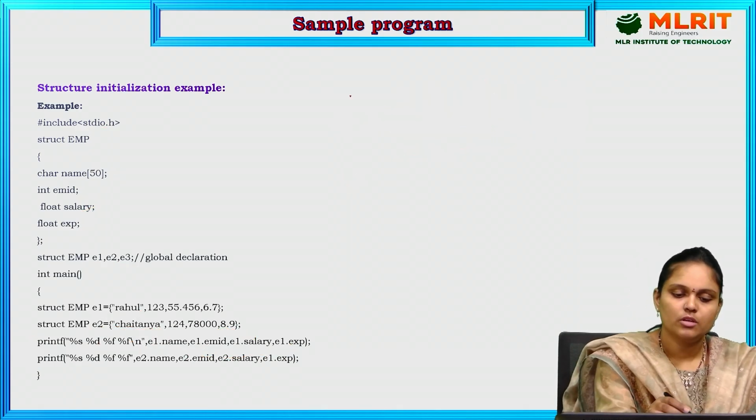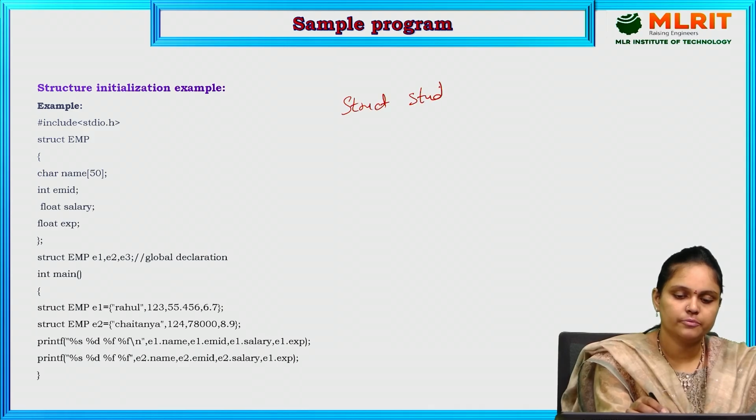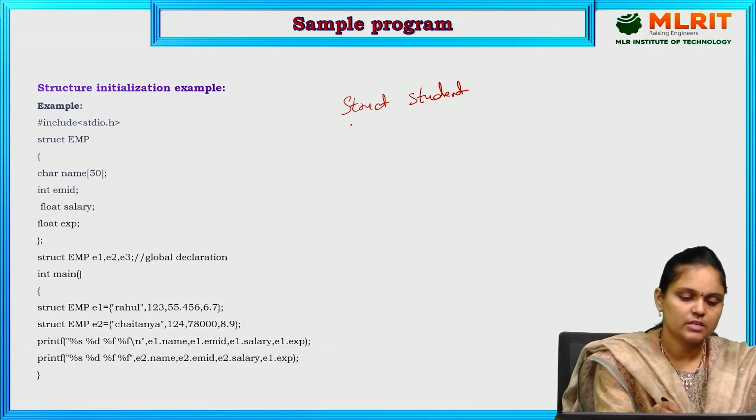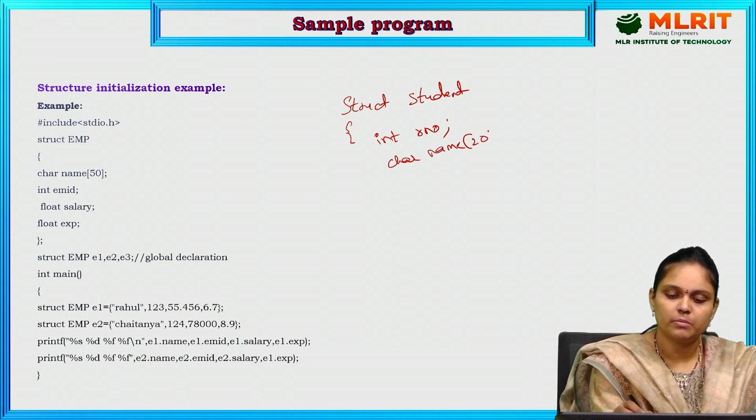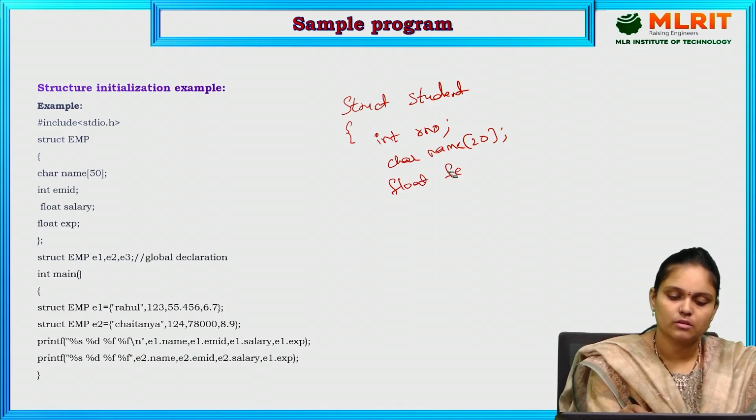Suppose you are using struct student, and inside struct student we have int roll number, then char name of 20 bytes, and then float marks.